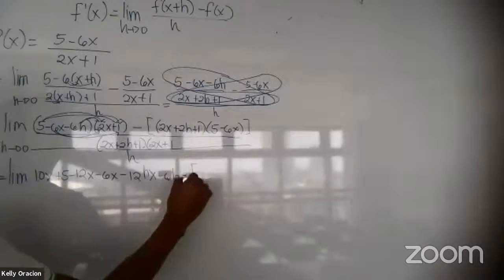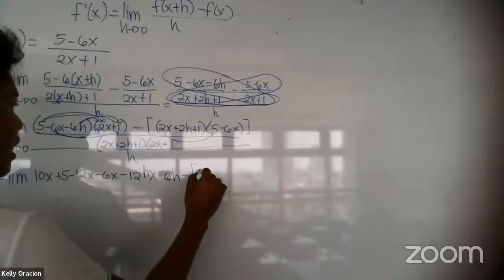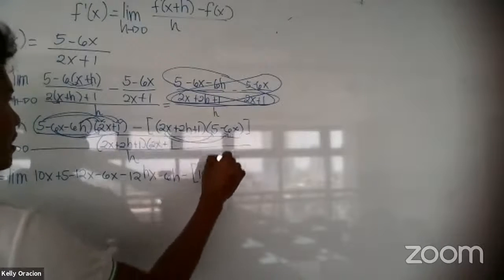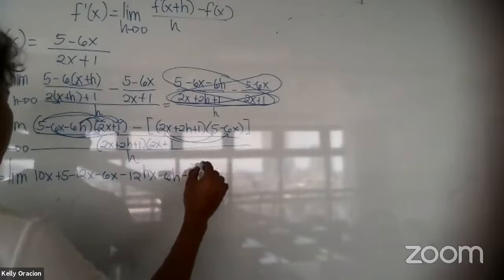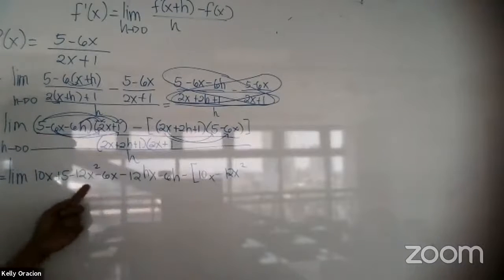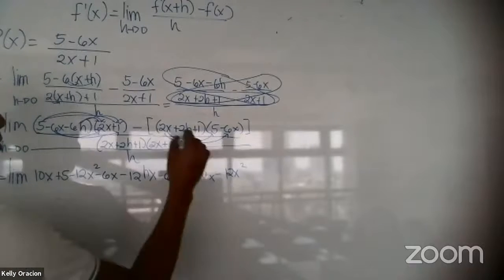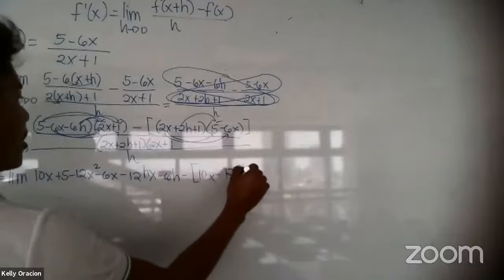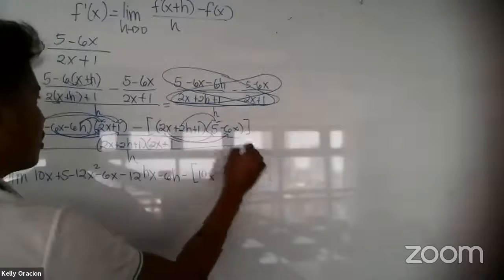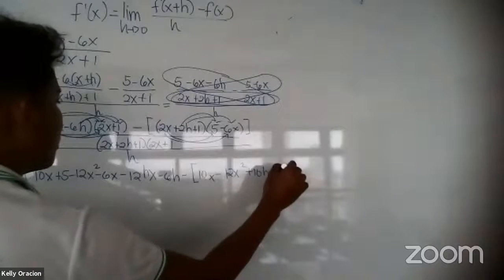Minus bracket. Multiply 2x times 5, 10x. 2x times negative 6x, negative 12x squared. Oh my God, I forgot to put squared. Sorry for that. Next, 2h times 5 is positive 10h. 2h times negative 6x is negative 12hx.